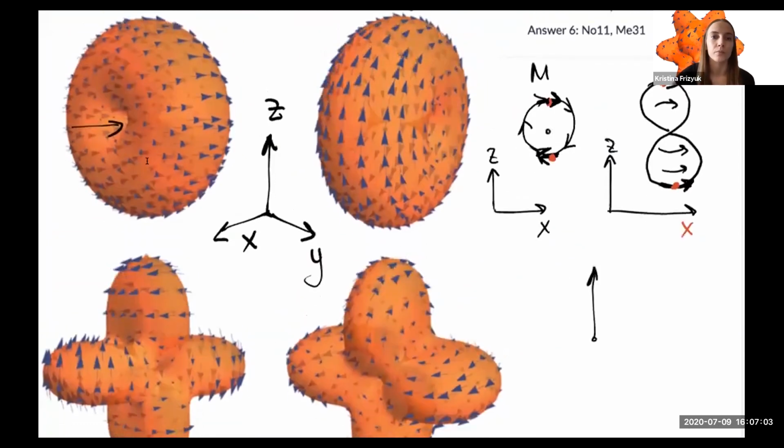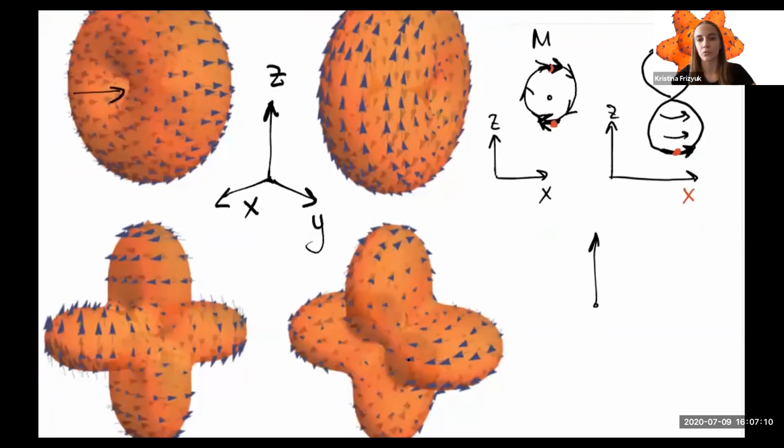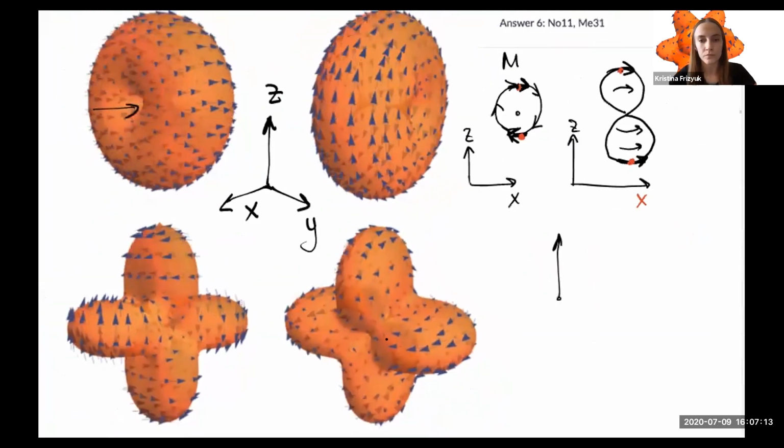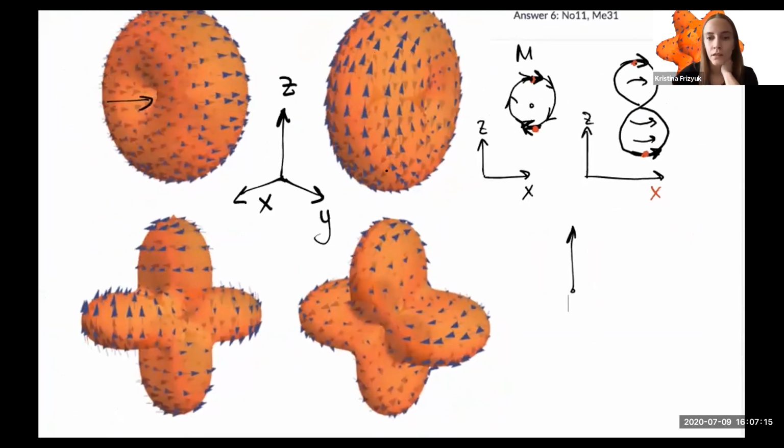For example, let us consider electric dipole and magnetic quadrupole. Here in the magnetic quadrupole, these arrows are in opposite directions. So they're along minus x, in here they're along x, and here they're again along minus x.